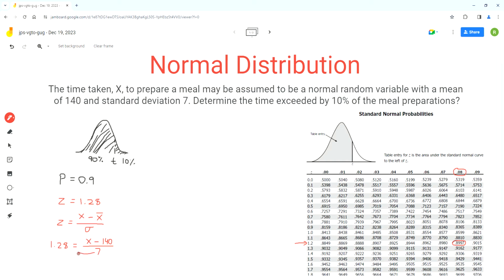For that, the first step is to cross multiply the 7. So we get 1.28 times 7 equals x minus 140. Now we can do 1.28 times 7, which is equal to 8.96 equals x minus 140.